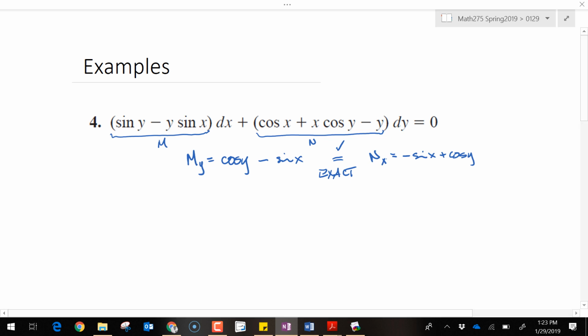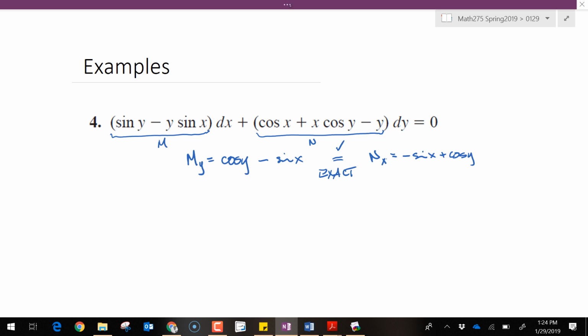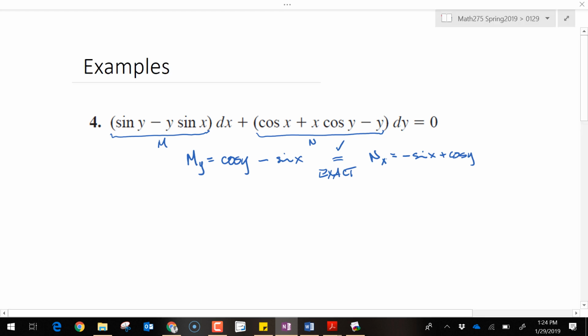So we get to do what we are going to do now, which is integrate. To try to recover your original function f, we're going to take the antiderivative of M with respect to x. So that's sine y minus y sine x dx.